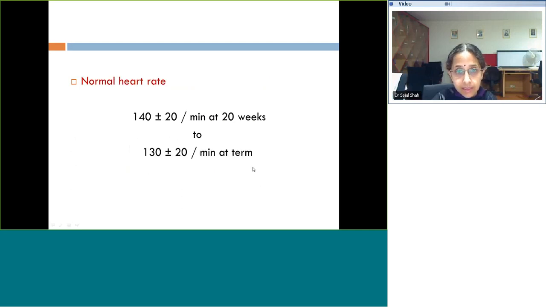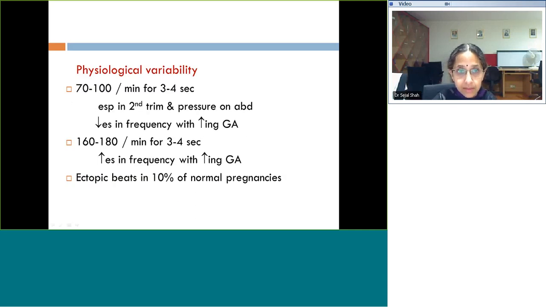The normal fetal heart rate ranges from 140 plus or minus 20, and then goes a little lesser to 130 plus or minus 20 at term. However, there is a big range, in the sense that usually anything less than 100 or 110 and more than 160 to 180 per minute is considered abnormal.